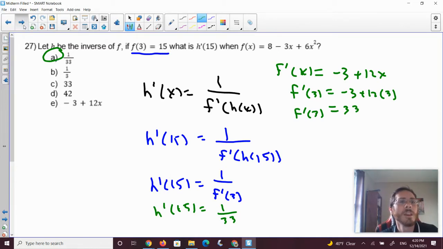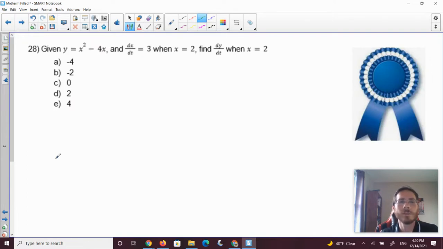So cool question. For 28, again, this is another one to look out for. We had y is x squared minus 4x, and we're given dx dt, and we need to find dy dt. So our plan here is this is an implicit. You can do it like a related rates question if you want.